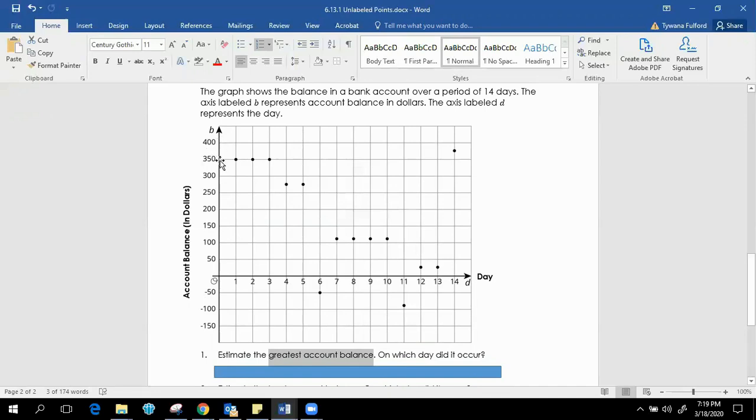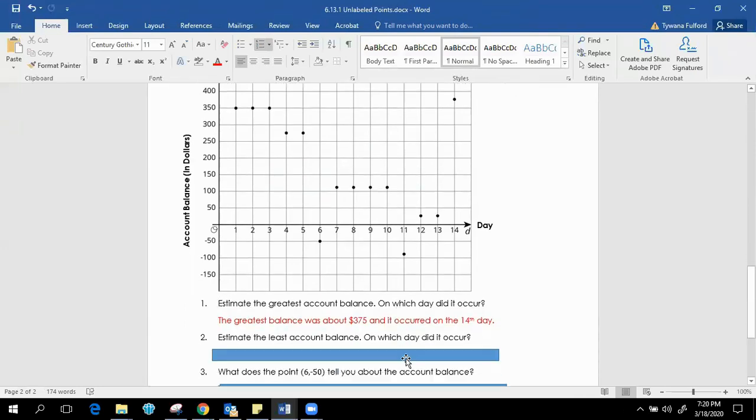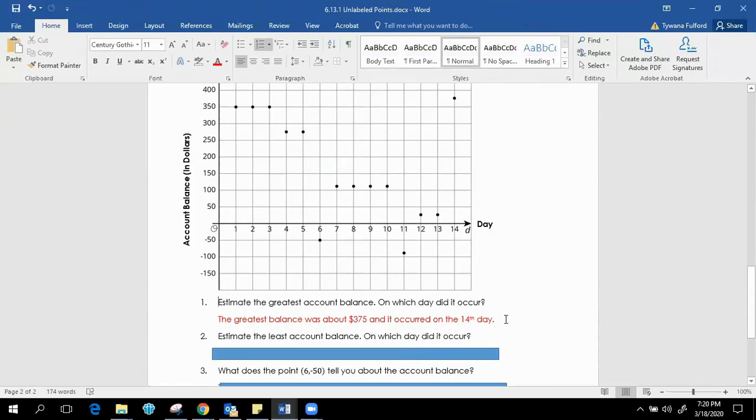Okay, 350, keep going. I actually see that this one is a little bit higher than 350. So I'll estimate about $375. And that occurred on, I go down to my x-axis to see where it is, day 14. So my greatest account balance was about $375, and it occurred on the 14th day.